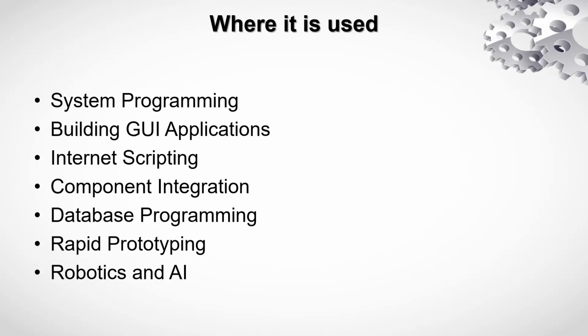Then comes database programming. You can connect to databases and do database programming using Python. Then comes rapid prototyping, because most of the things in Python are ready-made. You don't need to write any code for data structures; they are already available, and there is a wide range of data structures which can help you write code rapidly.